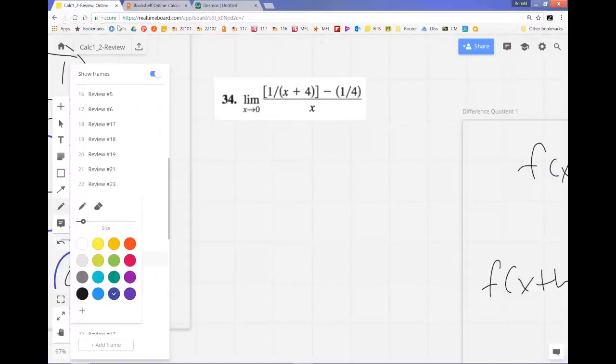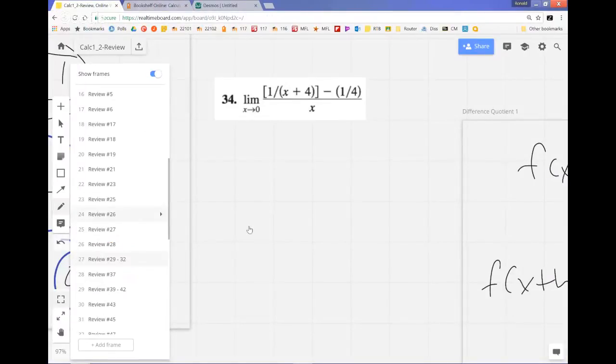Okay, so let's write this thing out in a little different way. So limit as x approaches 0 of (1 over x plus 4 minus 1/4) all over x.